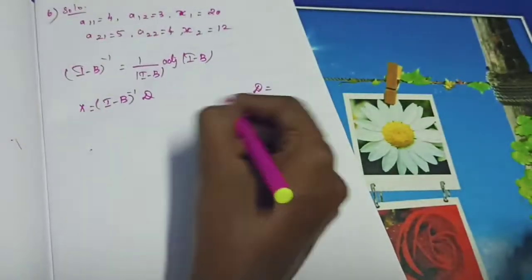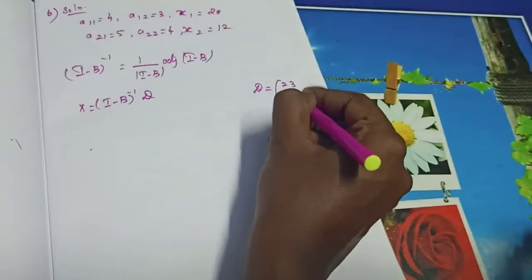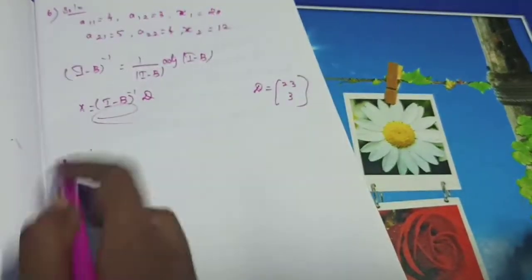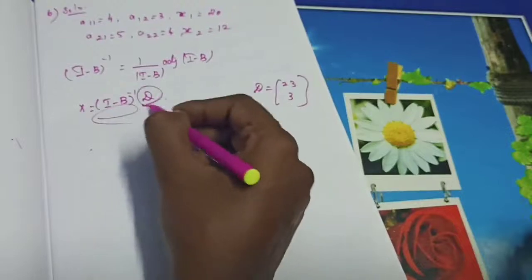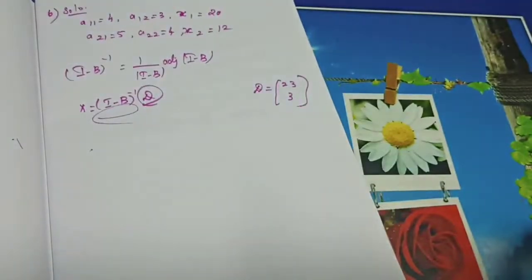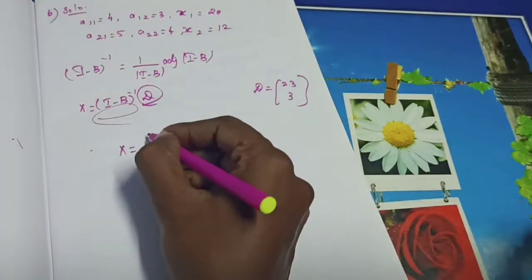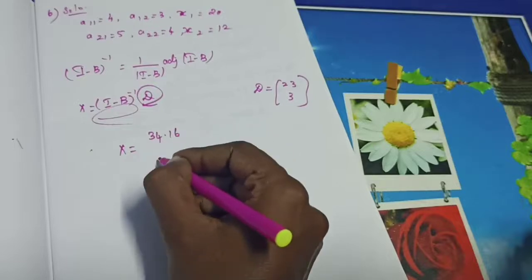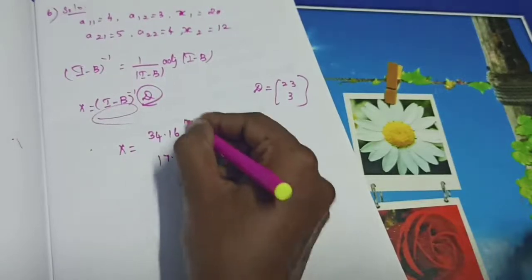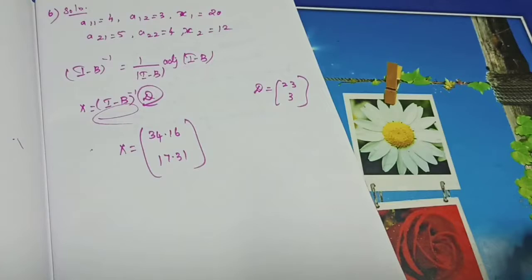So when you are substituting the D value, 23, 3. In the place of D, you need to put 23, 3. Afterwards, find out the answer. When you are finding correctly, you will get the answer like this. X is equal to 34.16, 17.31.